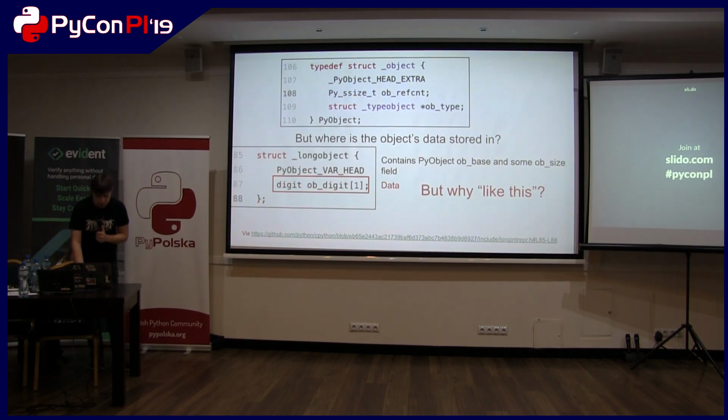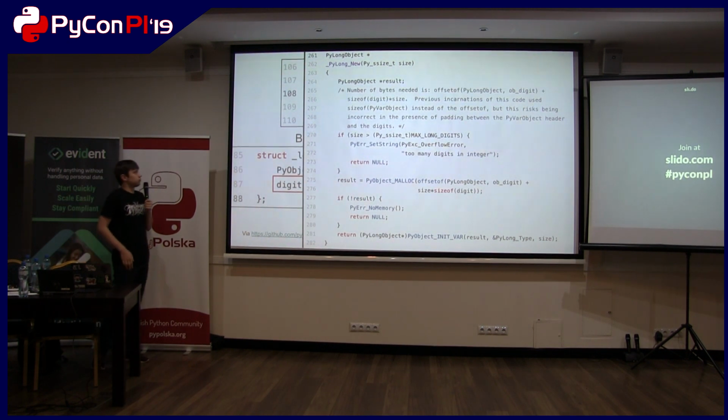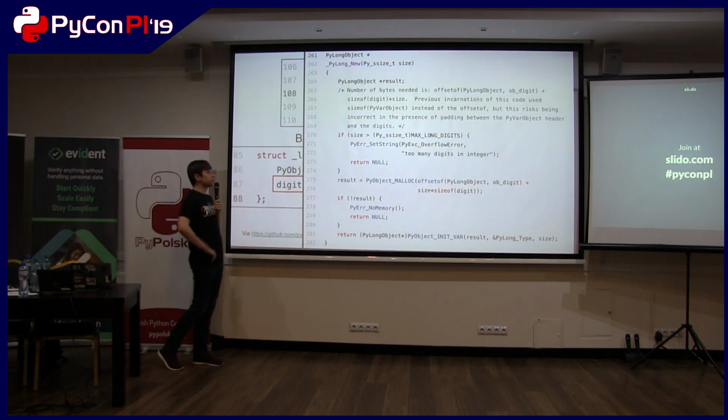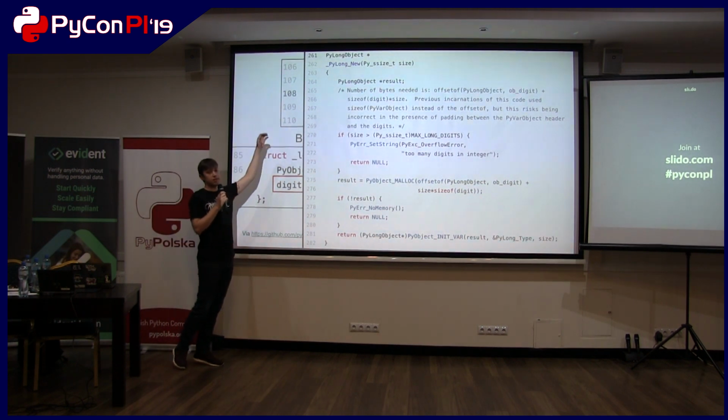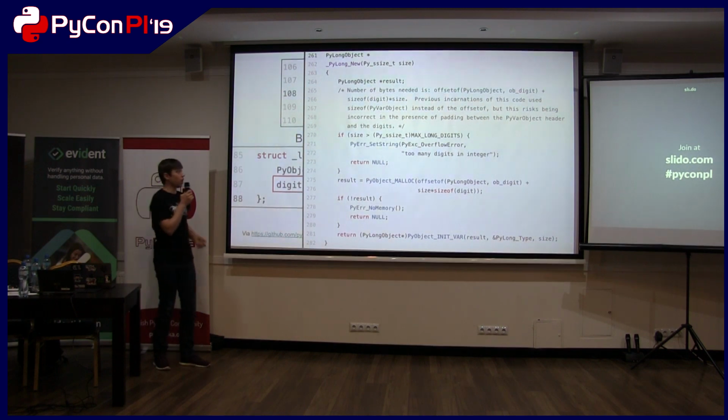So that's the question: why isn't it just one element there, or even an array in the first place? To search for the reason, let's look at how long objects are created. This is PyLong_New. This is a function which is called whenever you're creating a long object, or integer, in Python, because in Python 3 this is the same thing.